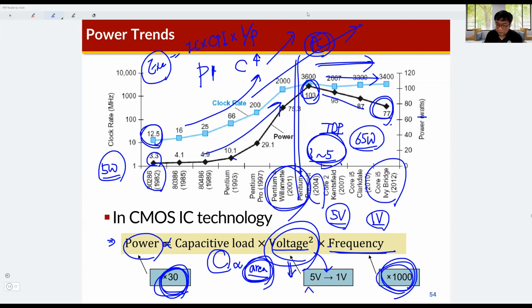Because of the supply voltage. So how can we reduce this supply voltage? Because of advances in CMOS transistor technology, that means the semiconductor technology.